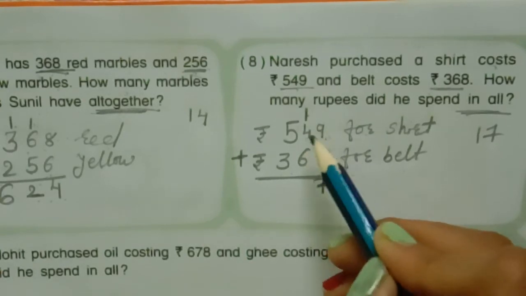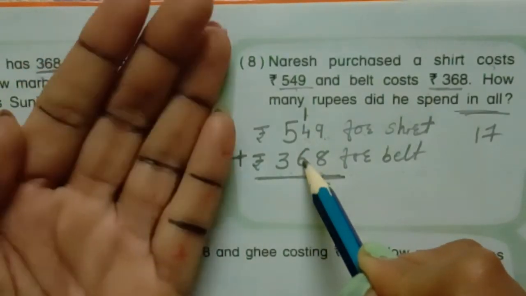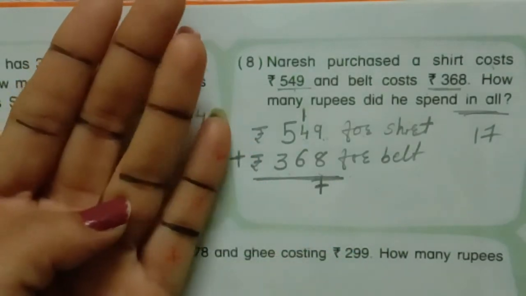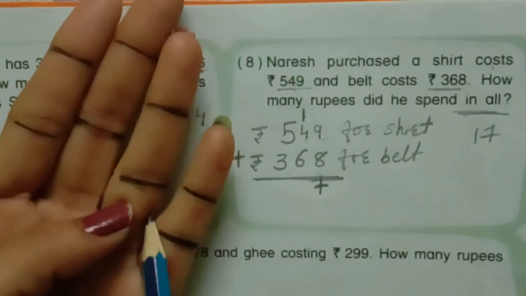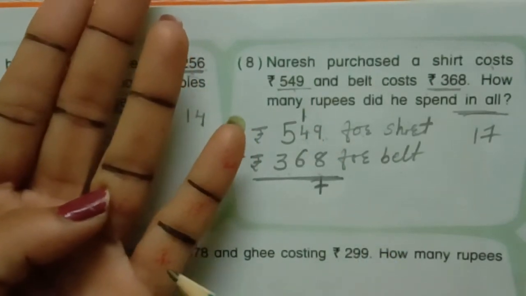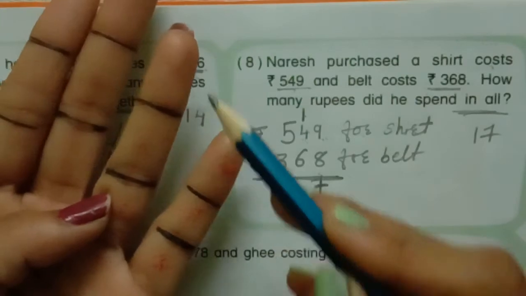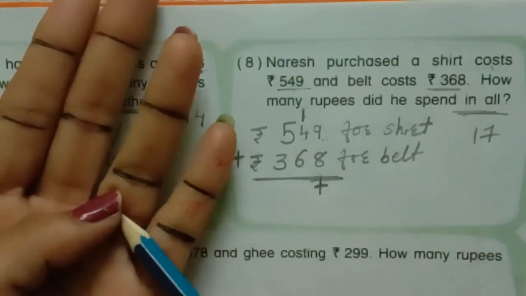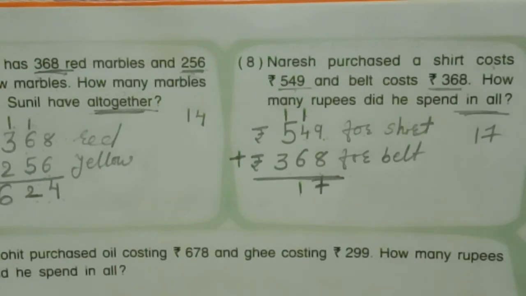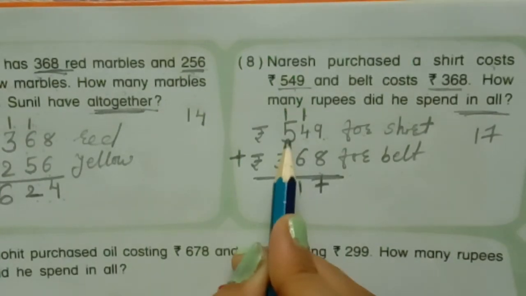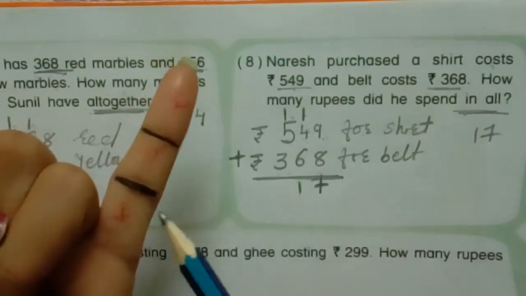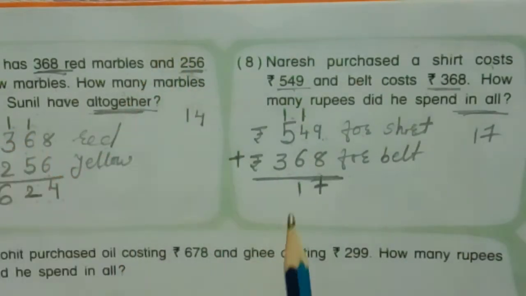We have 5 and we'll add 6 into 5. So 1, 2, 3, 4, 5, 6. We start after 5. 6, 7, 8, 9, 10 and 11. 11. So how to write? 1, 1, 11. At last 5 plus 1, 6 and 6 plus 3, 7, 8 and 9.